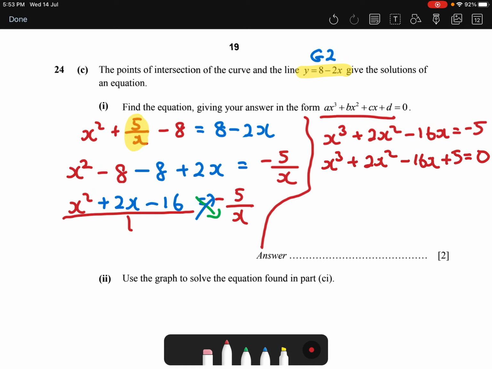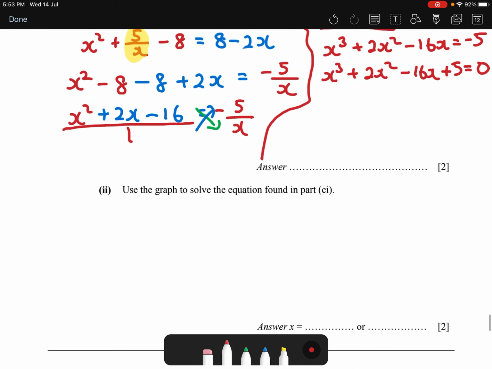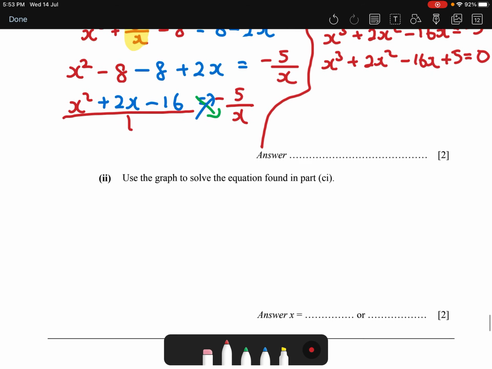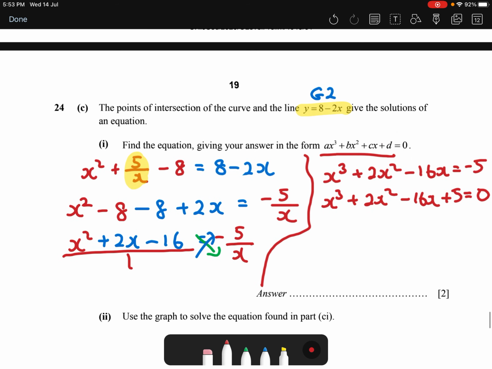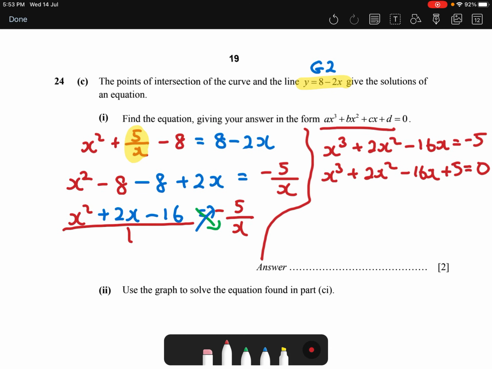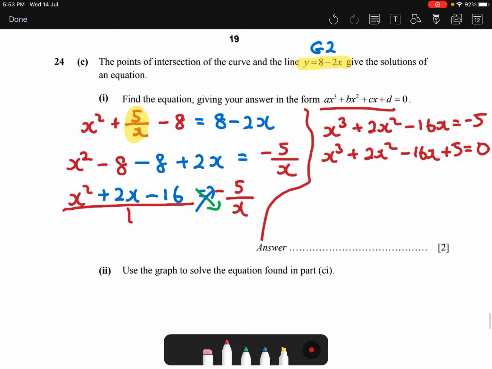Right. So they say, part 2, use the graph to solve the equation found in your part (i). So first of all, I must draw my graph 2, y equal to 8 minus 2x. Last week I could see that many of us can't really draw. When you draw a straight line graph, it is very simple.